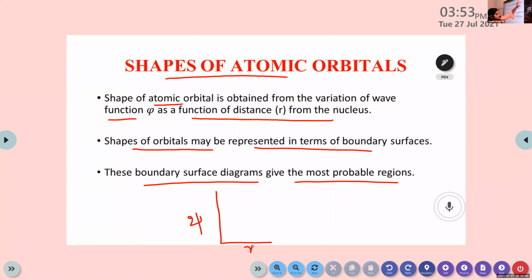On page number 57, there is one graph plotting the wave function psi against r, the radius. Using this relation, we can find out the shapes of each type of orbital.